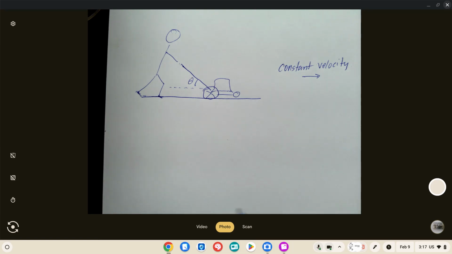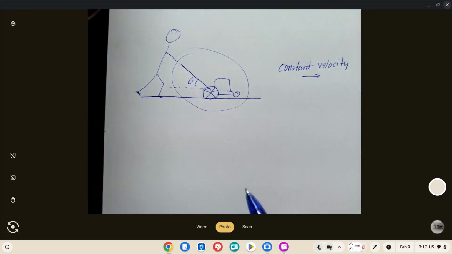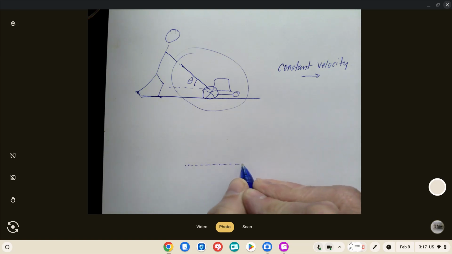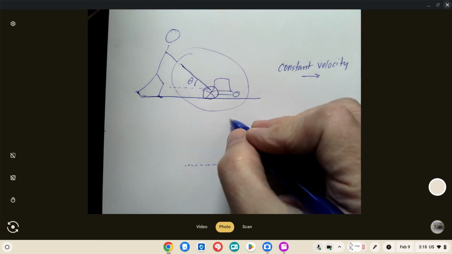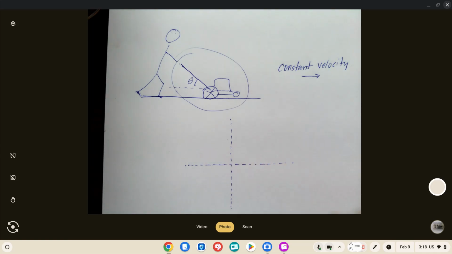Okay, so a free body diagram, first thing you do is sort of isolate the thing you're talking about, which is the lawnmower. You draw a set of coordinate axes that will line up with the motion of the object. So this object's moving across horizontally, so we're going to line our axis up horizontally. That way we only have possibly one acceleration anywhere.